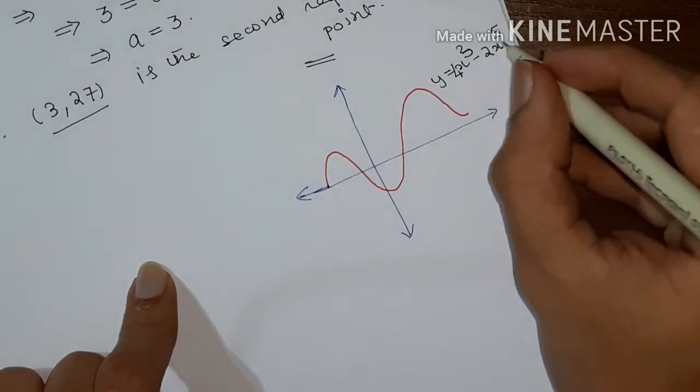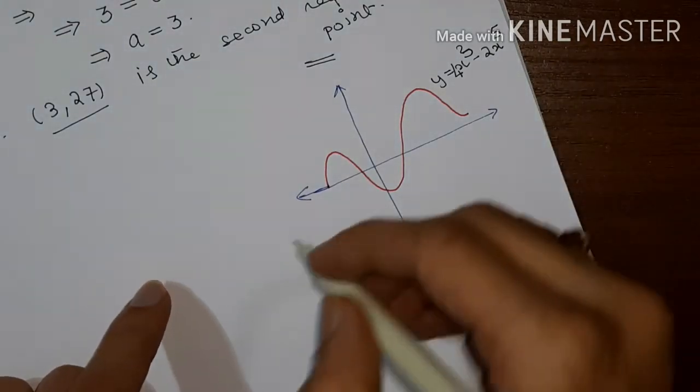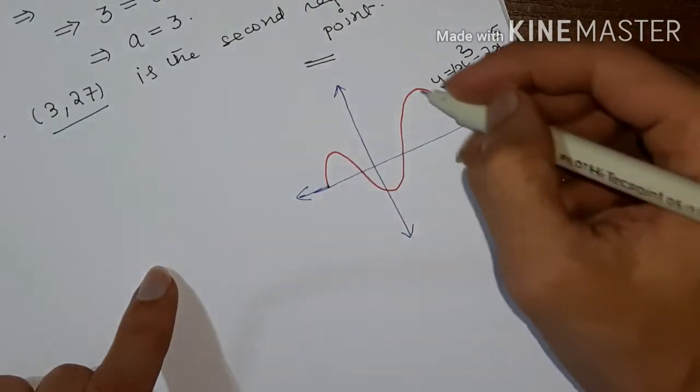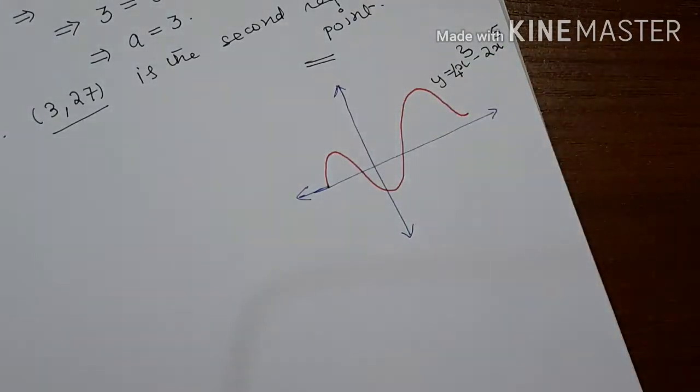This is the curve which is given, let us call it the red one. Now we have to find the points at which the tangent passes through the origin.